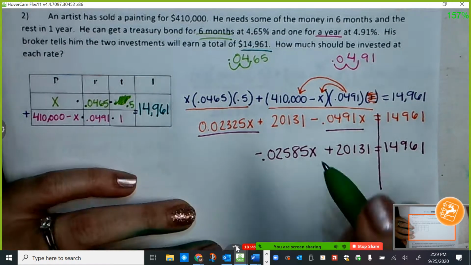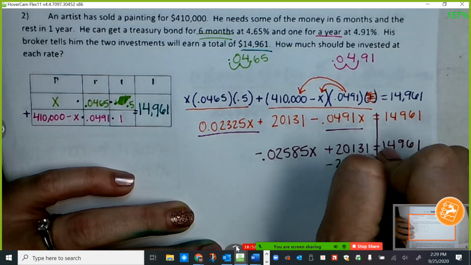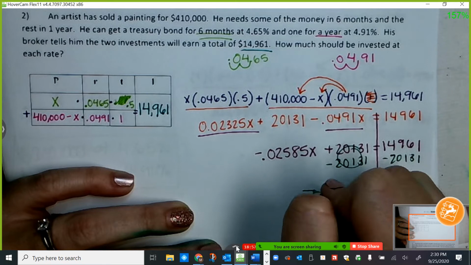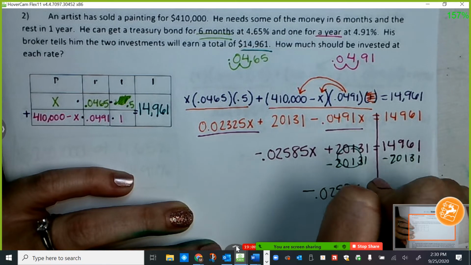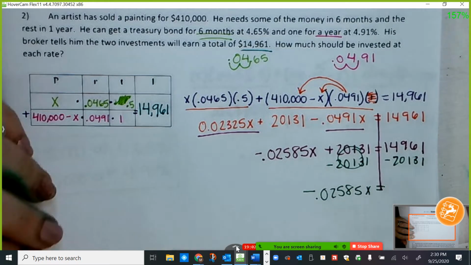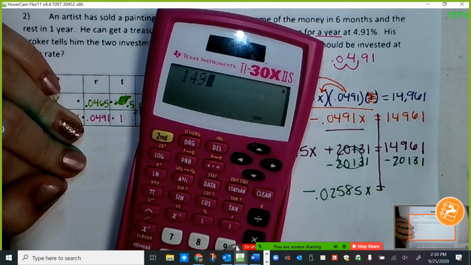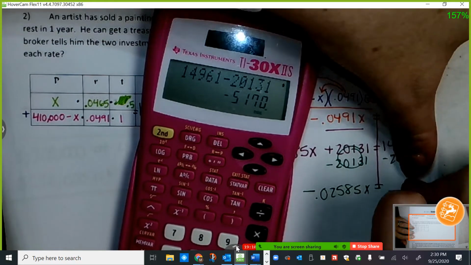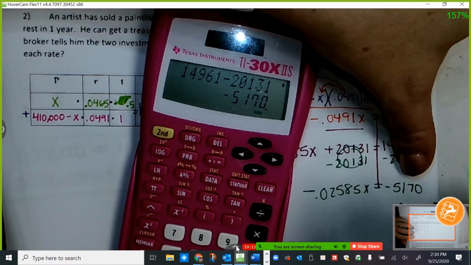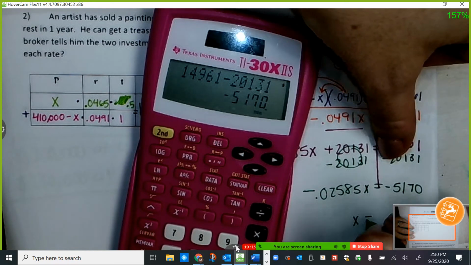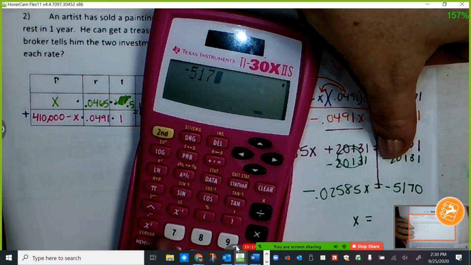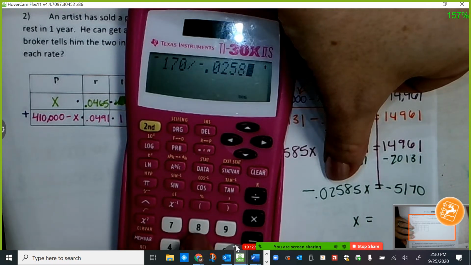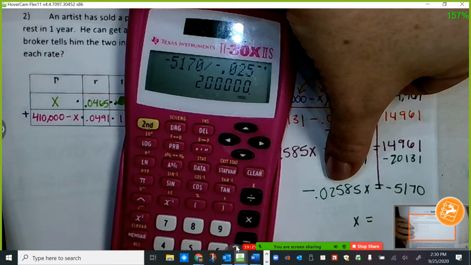Subtract. I get negative 0.02585x equals, that's like the worst decimal to write, I feel like, negative 5,170. And then we divide. So negative 5,170 divided by this ugly decimal, and I get 200,000.